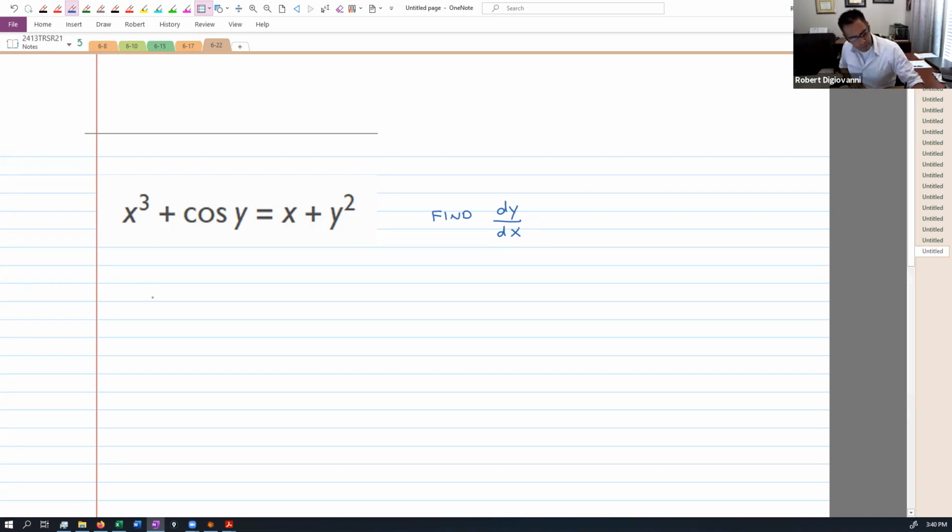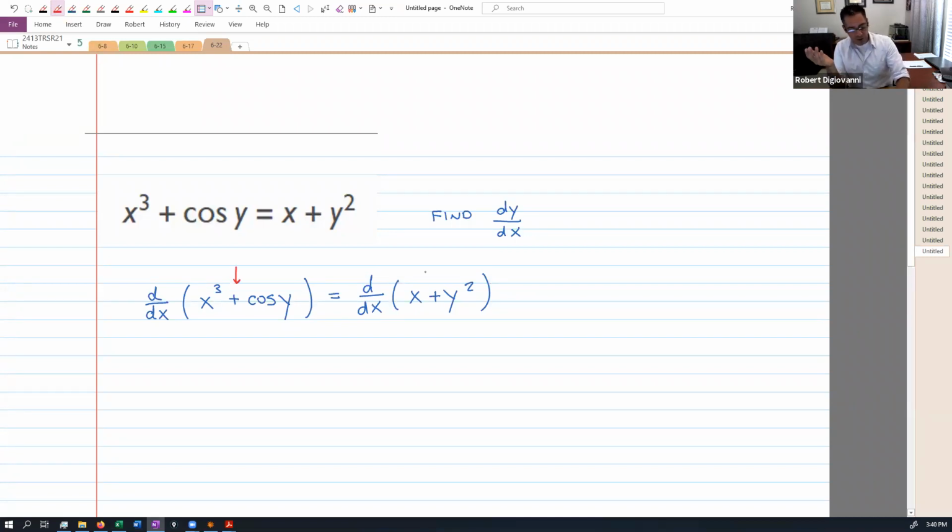So what I'm going to do is take the derivative with respect to what variable? What's the variable on the bottom here? x. The derivative with respect to x of the entire left-hand side, and set that equal to the derivative with respect to x of the entire right-hand side. At this point, we try to recognize things we can and can't do.